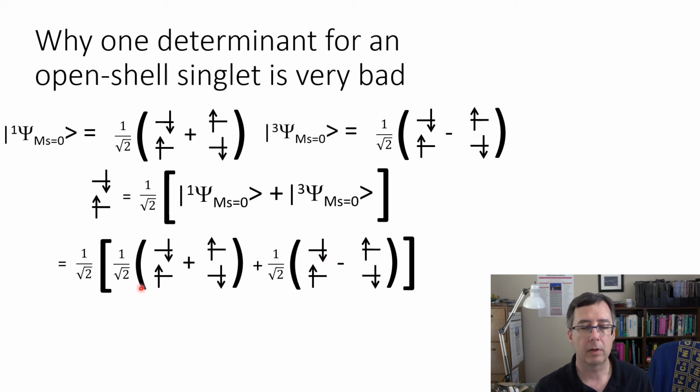All right, well, I've got this determinant twice. Here's one, here's another one. I've got 1 over square root of 2 times this, plus another 1 over square root of 2 times that. So that's 2 over square root of 2. And then outside that, I've got a 1 over square root of 2. So that's 2 over 2, or I've got one of these guys. What about this one?